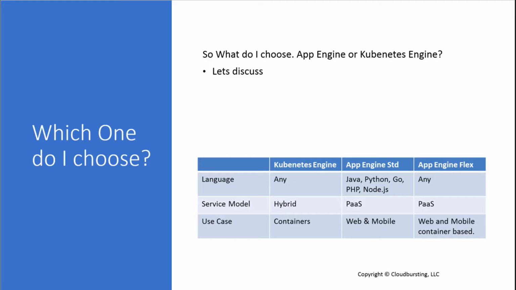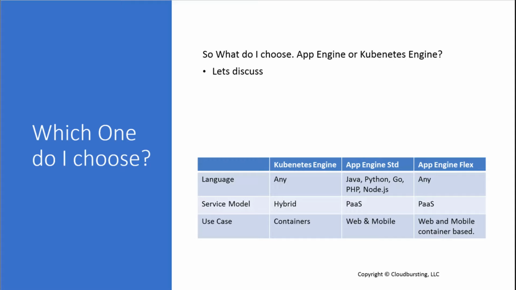So for example, when we consider using Kubernetes Engine, we could also deploy containers, and App Engine Flex as well. Now, App Engine Standard would be out if we wanted to use containers. So that's sort of the starting point.